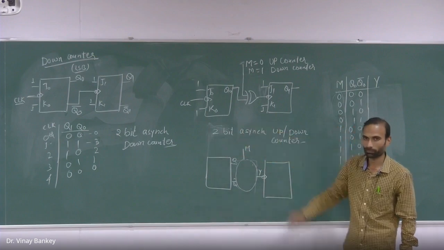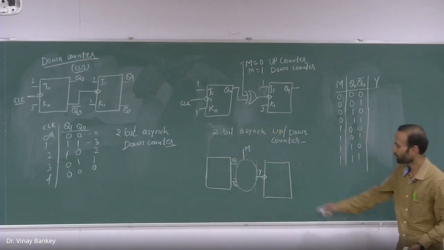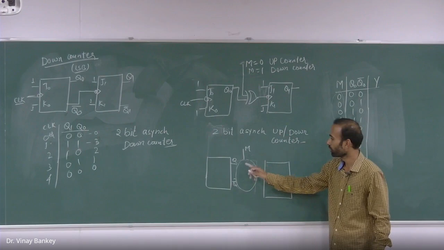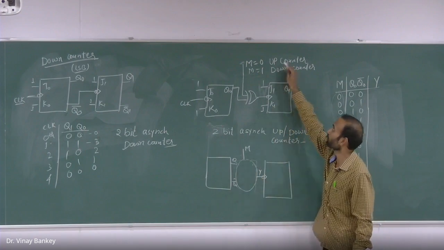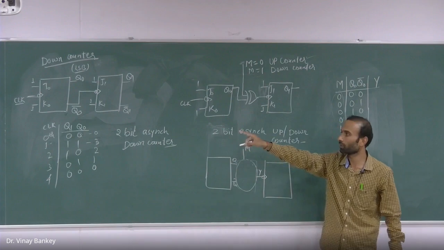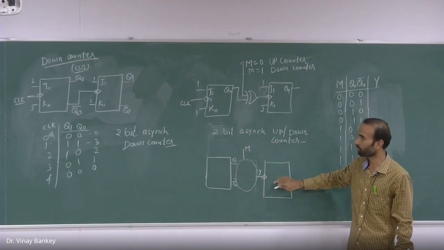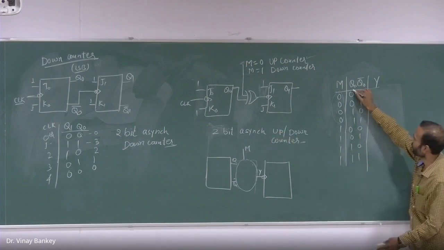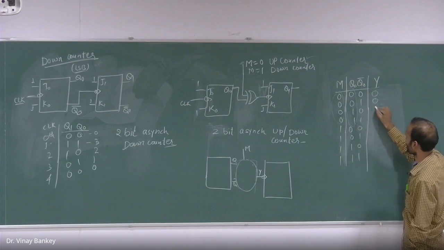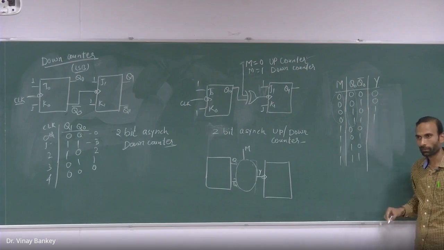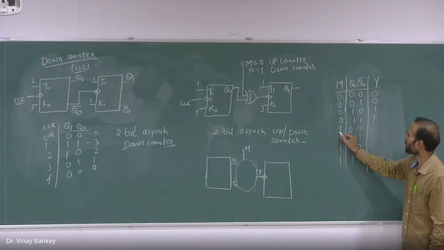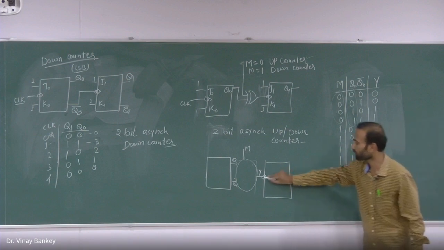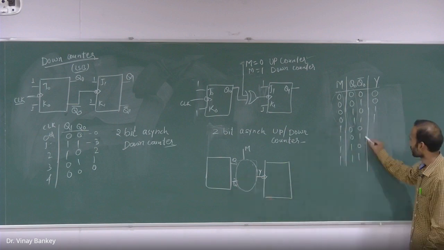So in this combinational circuit, I want to design this Y, and when M is equal to 0 it will work as an up counter, and for the up counter the clock pulse for the next flip-flop will be Q0. So this Q0 will be my output. When I apply 1 as the mode, the counter will work as a down counter, so the clock pulse will be connected to Q bar. This will be my output.